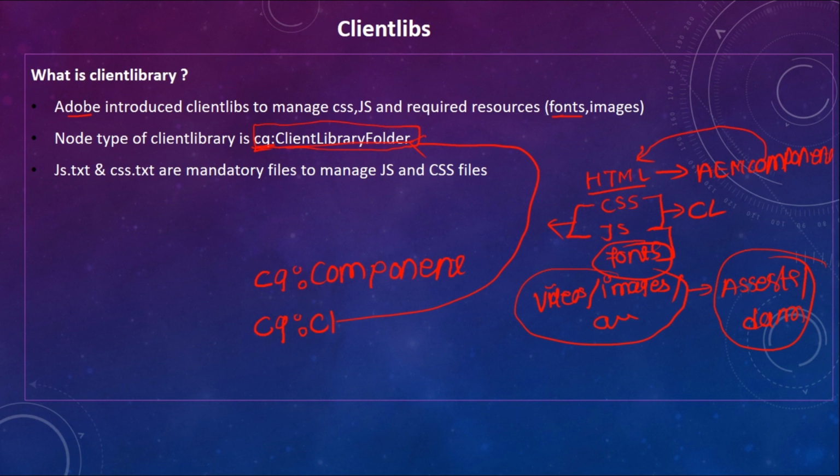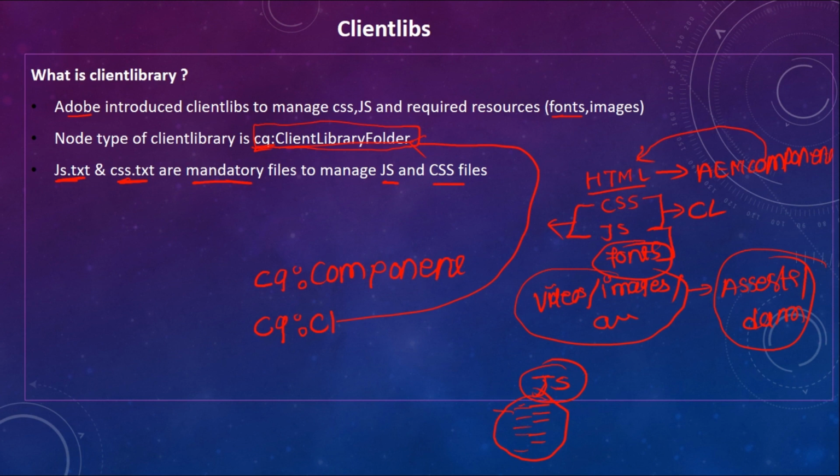After that, how does your client library work? Here we have two files, js.txt and css.txt. These are the crucial files to manage JS and CSS. Now consider you have a number of JS files and you want to execute them one by one. How can you execute them? We have to tell someone to execute these files one by one.